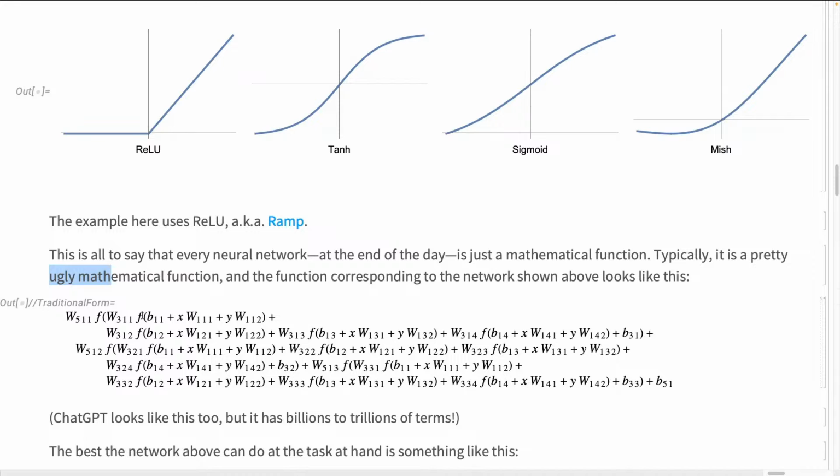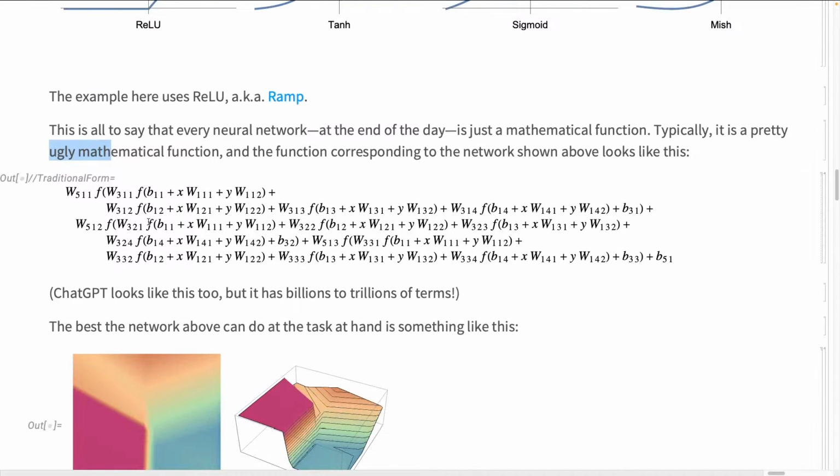That's all it's doing. And indeed, even something as complex as ChatGPT, internally, in a sense, can be represented by a mathematical function just like this, except ChatGPT has billions to trillions of these terms because the weights matrix is so big.